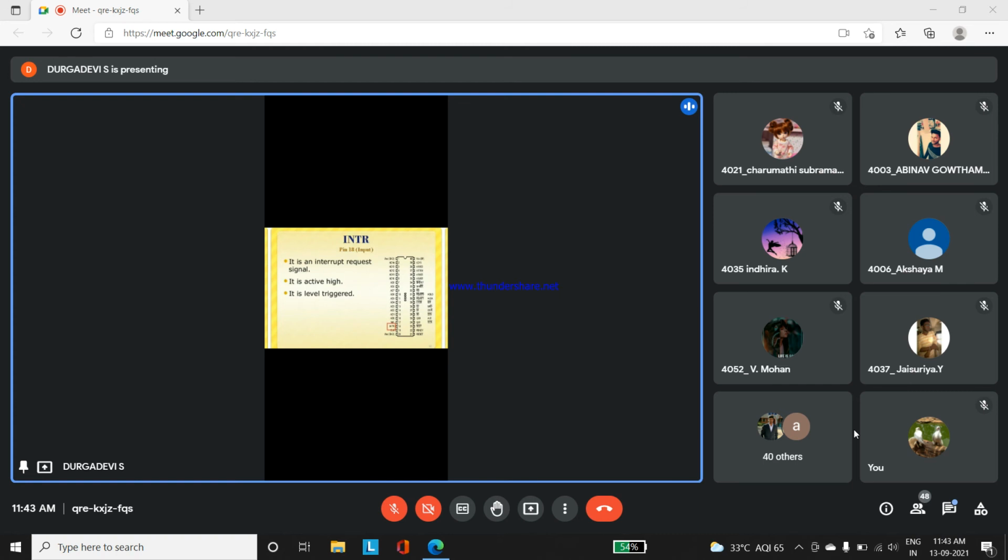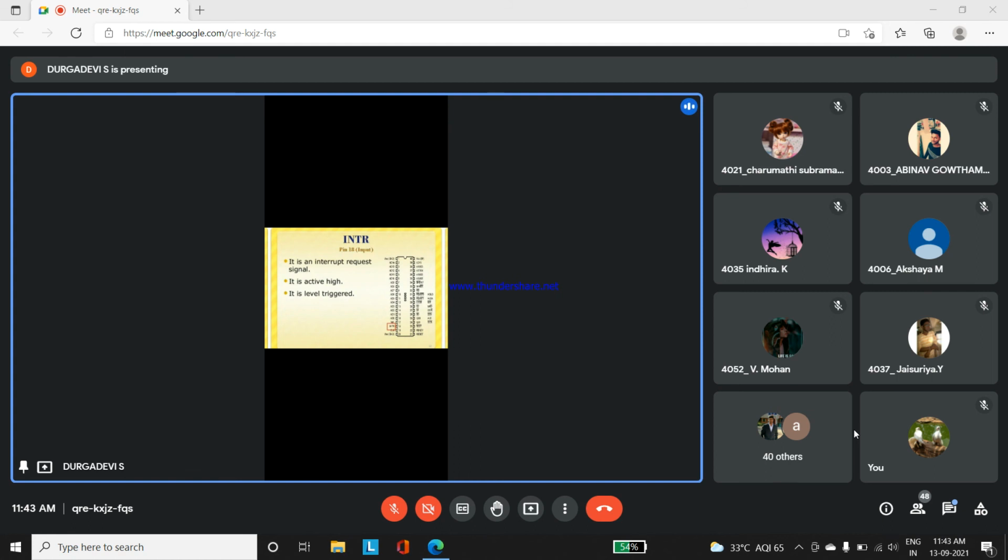When the data is not ready, your processor cannot keep going and checking. So the processor does its operation, and when the data is ready, your IO device will come and interrupt your processor. Interrupt means it will intimate, through the INTR and NMI pins.